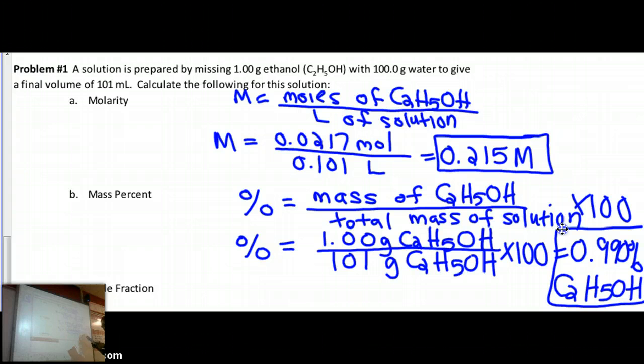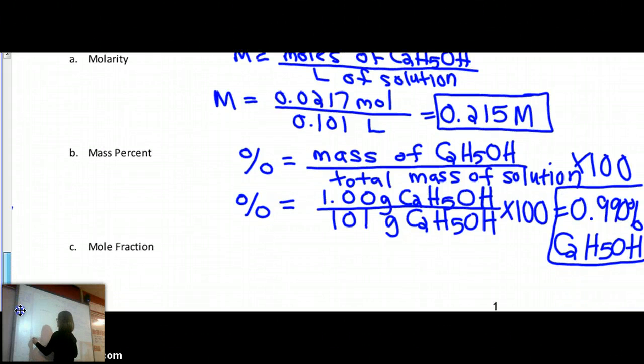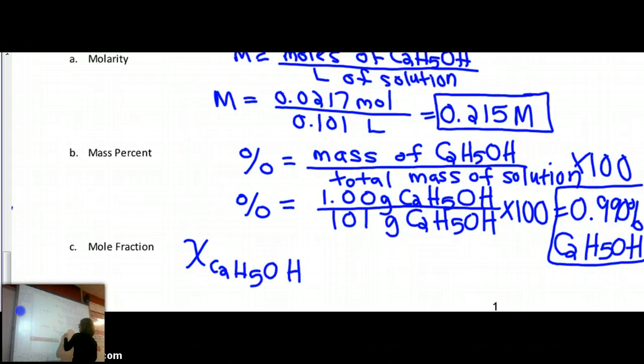And then finally we have one more to deal with, which is the mole fraction. For the mole fraction, we will need to put the moles of solute over the moles of the solution. So this is chi of C2H5OH.